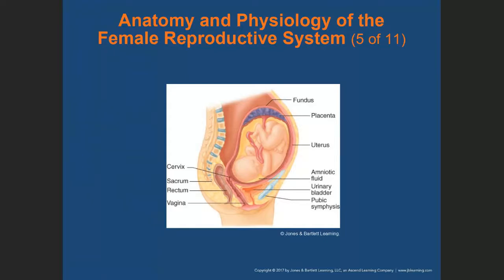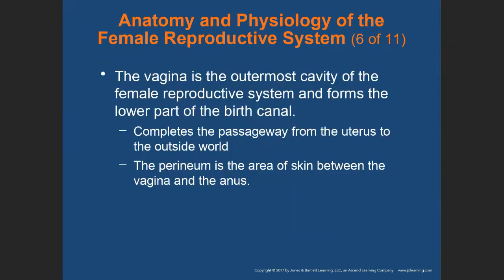If you look on this diagram, you can see where the vagina is, and you can see where the cervix is as well. The vagina is the outermost cavity of the female reproductive system, and it forms the lower part of the birth canal. It completes the passageway from the uterus to the outside world.